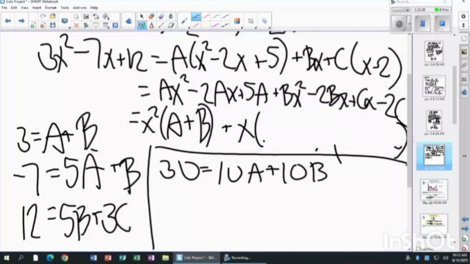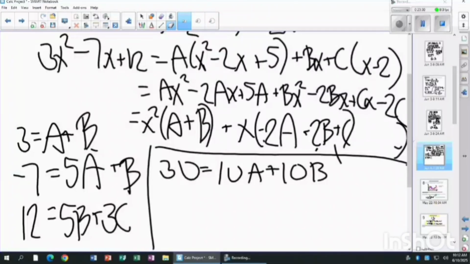So it would be x times negative 2a minus 2b plus c, and then plus a, plus 5a minus 2c. So let's rewrite these, because I messed it up.